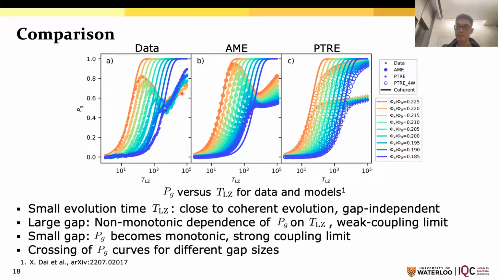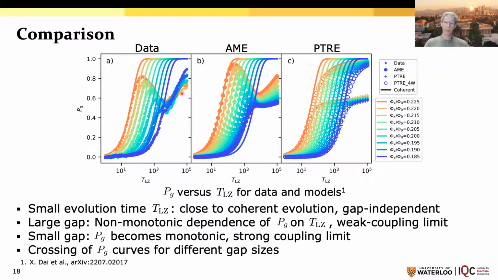And as the gap becomes smaller, the noise becomes more dominant, and you're transitioning into this incoherent tunneling regime, like the MRT.